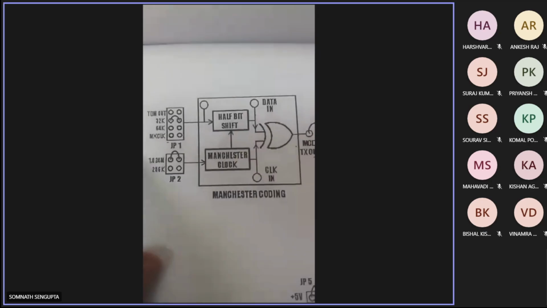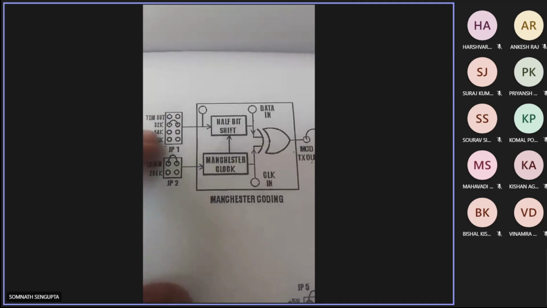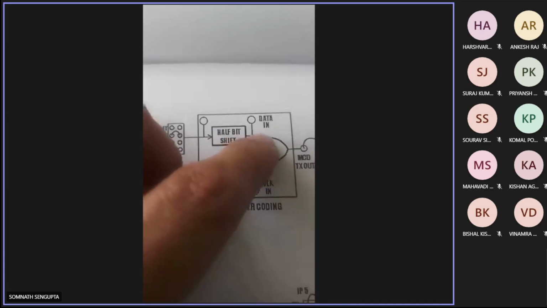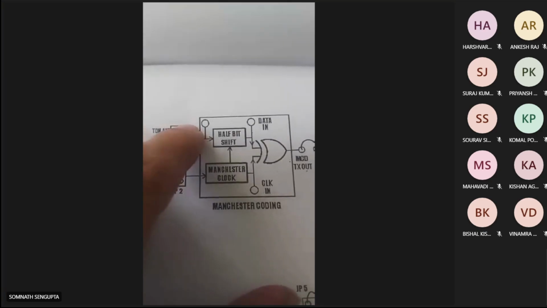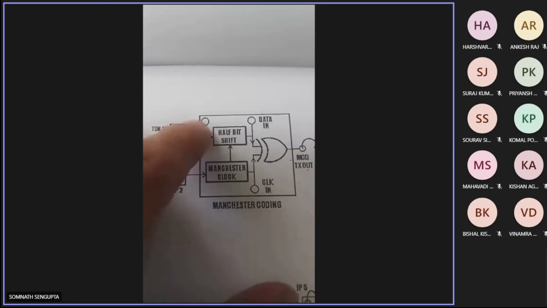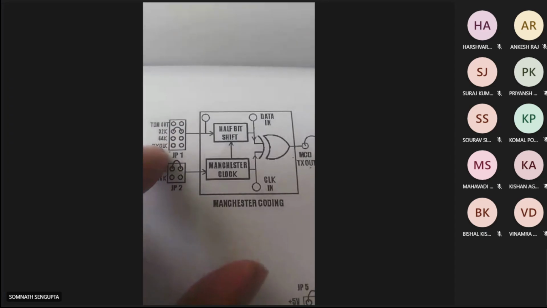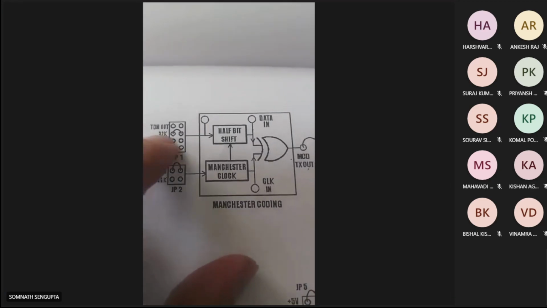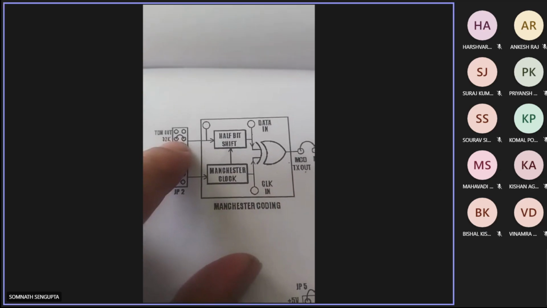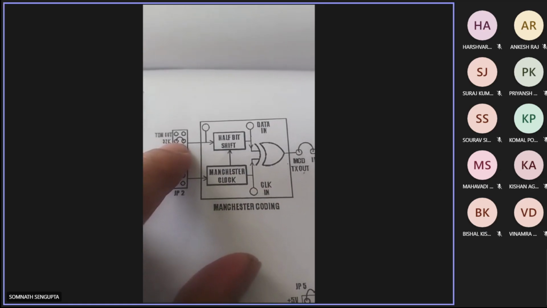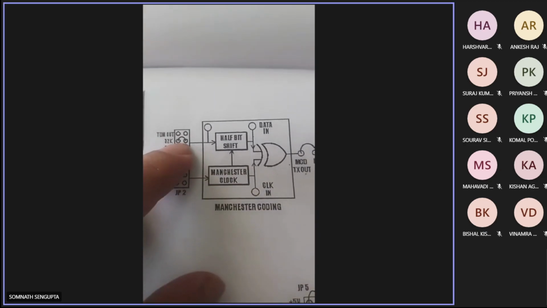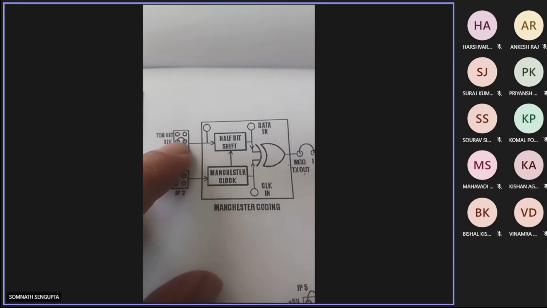We apply some data here, and let us say the data is a periodic signal of 32 kilohertz, a square wave.